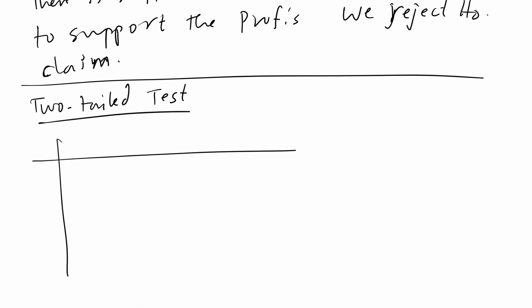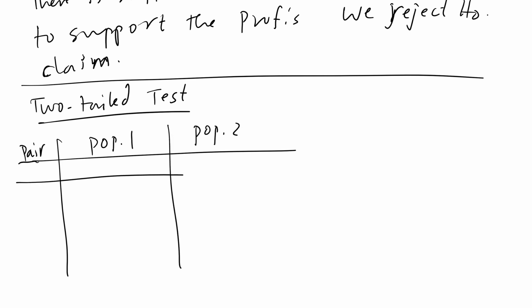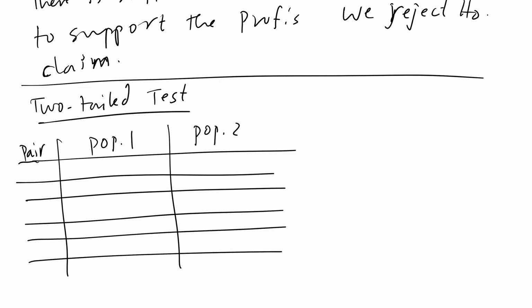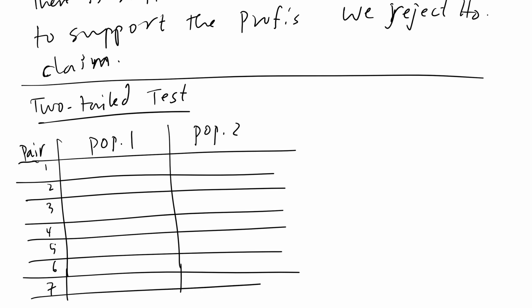Say some pair of something, with population 1 and population 2, and let's come up with these numbers now. 1, 2, 3, 4, 5, 6, let's go up to 7. And we have 13, 16, 13, 14, 12, 8, 17. And we have 11, 15, 10, 8, 8, 9, and 14.